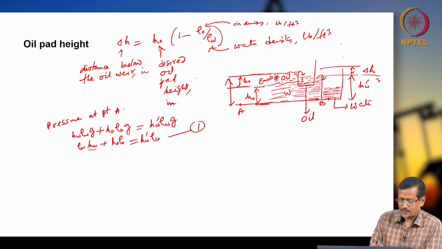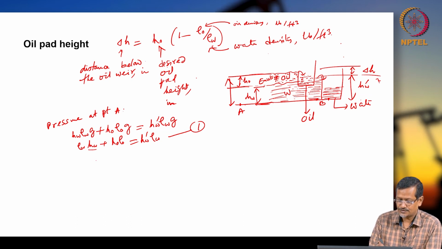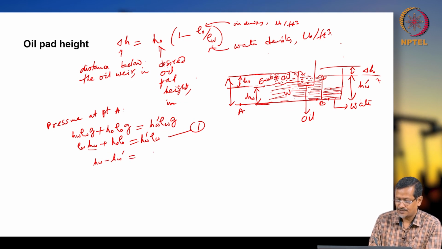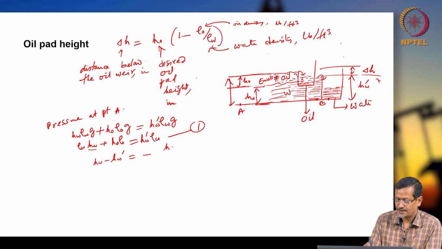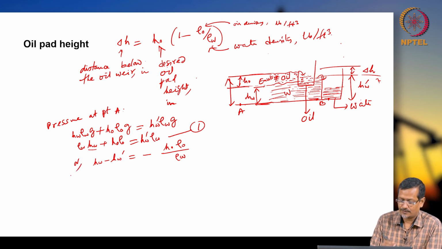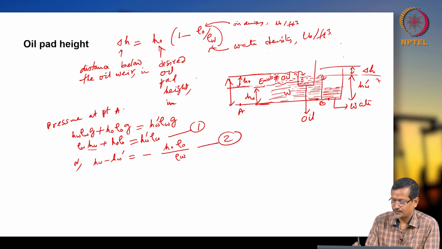Now we can calculate HW minus HW dash equals minus HO rho O divided by rho W. Okay, so you get equation 2.